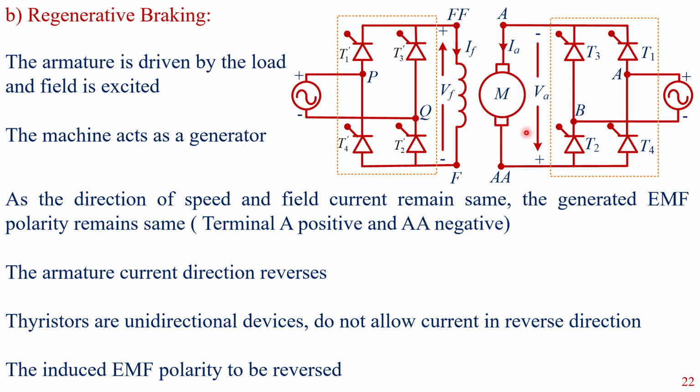So the polarity of induced EMF in generating mode is the same as motoring mode, that is terminal A is positive with respect to AA. So the machine current in generating mode comes out of terminal A.